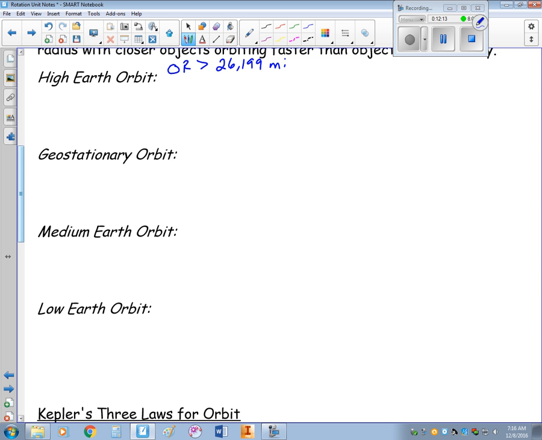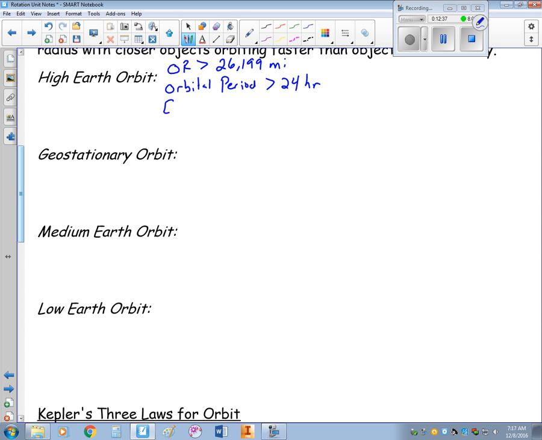The orbital period is how much time it takes to make one complete path around the Earth. So for high Earth orbit, the orbital period is greater than 24 hours.